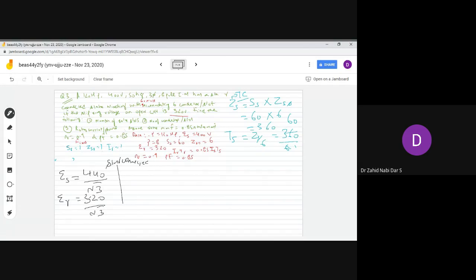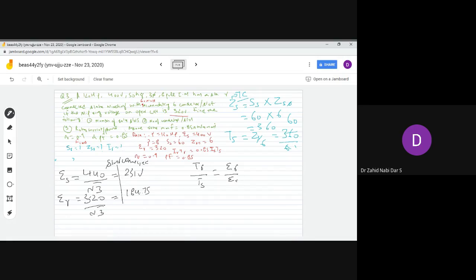That's the reason. This 440 divided by root 3, you will get around 231 volts, and similarly this you will get around 184.75 volts.